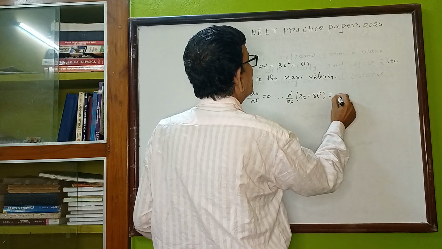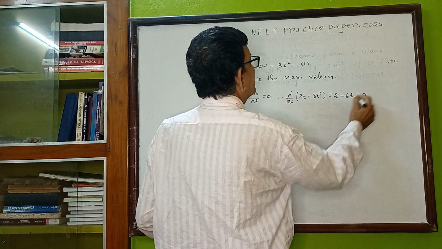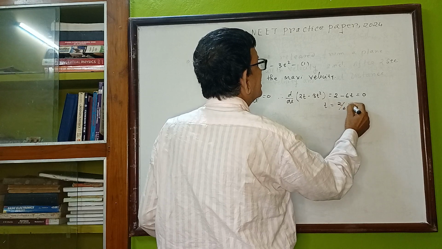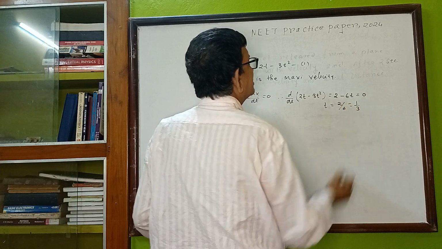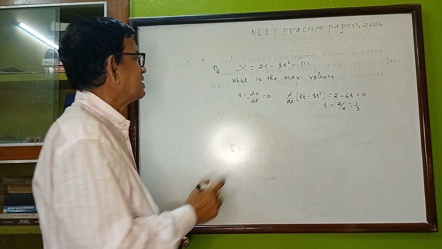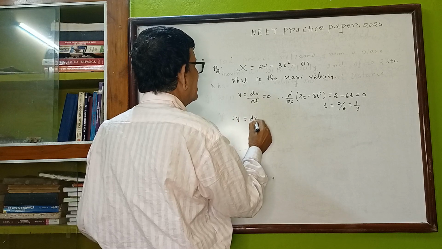So it is coming 2 minus 6t equal to 0. That means t equal to 2 by 6, that is t equal to 1/3. This is the time when the derivative is 0. So what is the expression of velocity? Now velocity is dx by dt.